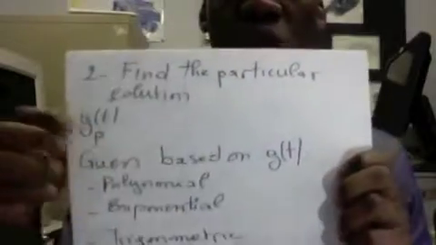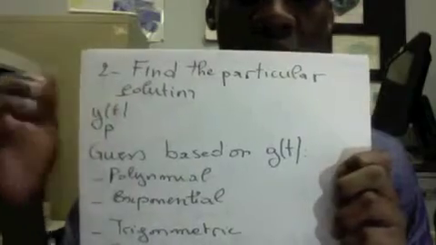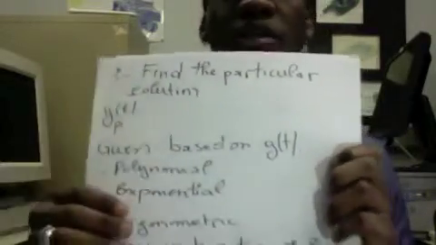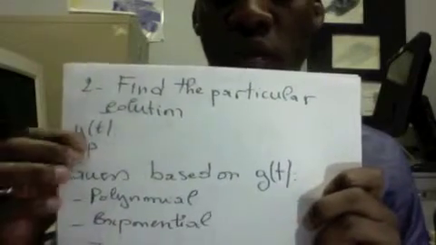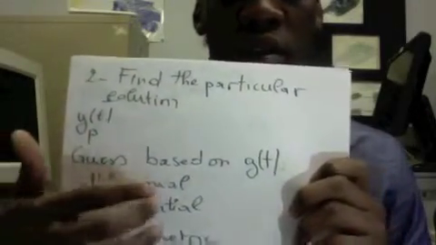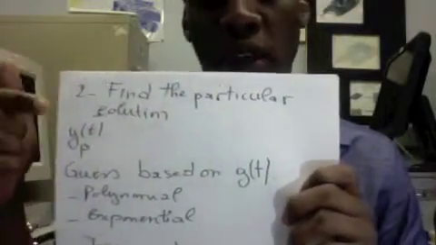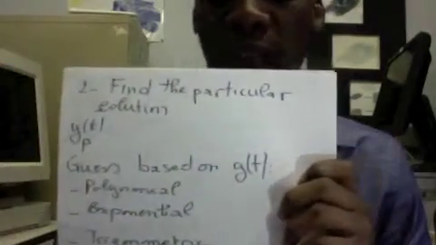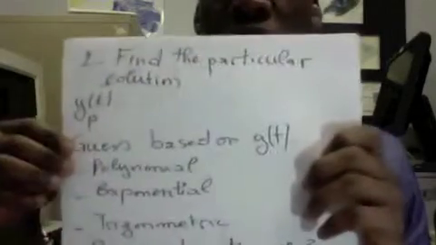Step 2 is how to write or find the particular solution. The particular solution being yp(t). yp(t) is found based on guesses, and those guesses are guided by g(t) that we had at the beginning, being that the differential equation is equal to g(t), which is different from 0.